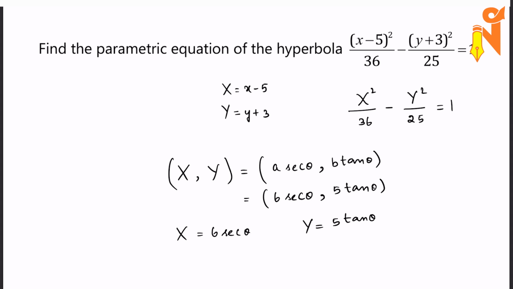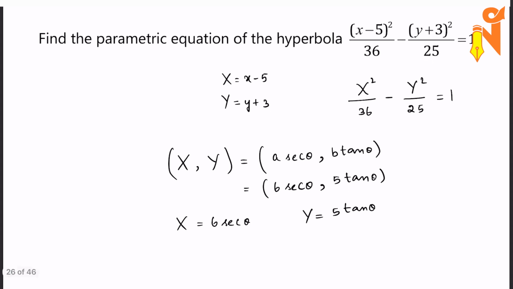So are these the parametric coordinates of the given hyperbola? No. Capital X and capital Y are our assumptions, but we need to find the parametric coordinates in terms of small x and small y.